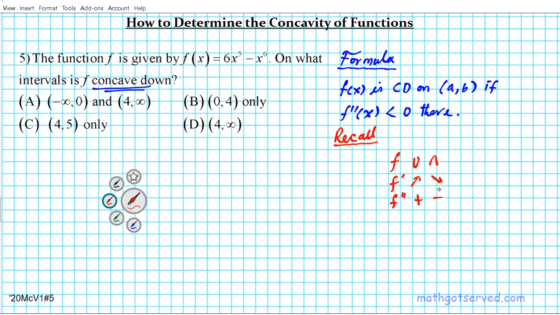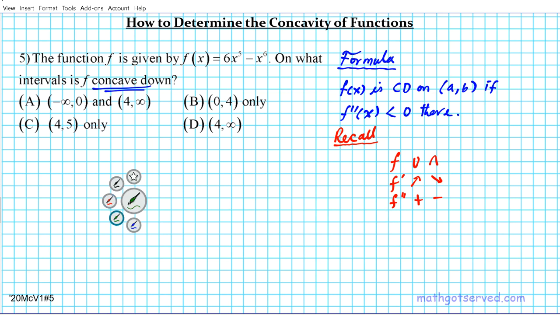All right, this particular row right here where f prime is increasing or decreasing is helpful when you're dealing with a graph. If I give you the graph of f prime, then you can determine where it's increasing or decreasing and easily determine the concavity of f. But when you're given a function of f, you want to use the second derivative because you can easily determine the sign of the second derivative around the critical values of the second derivative.